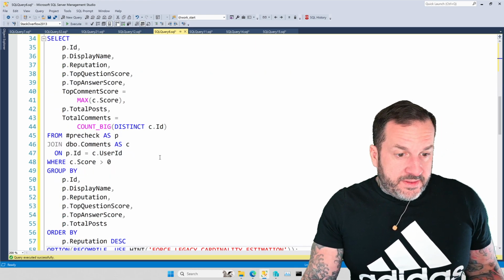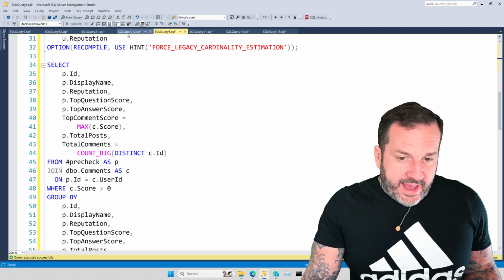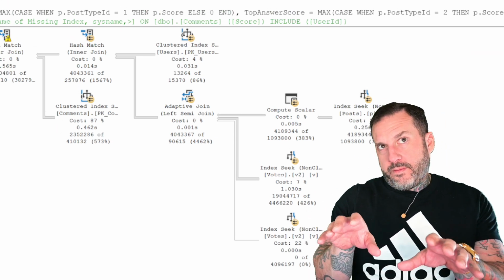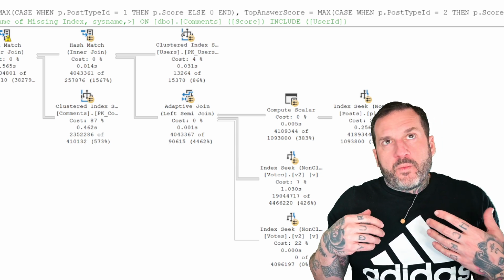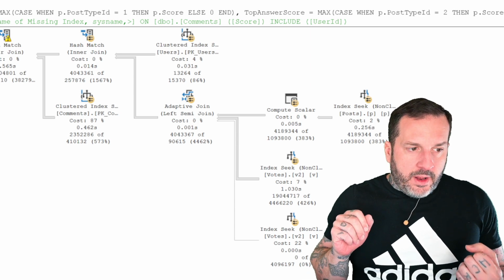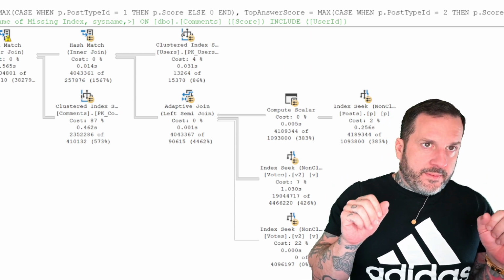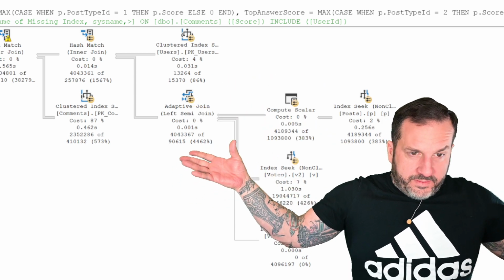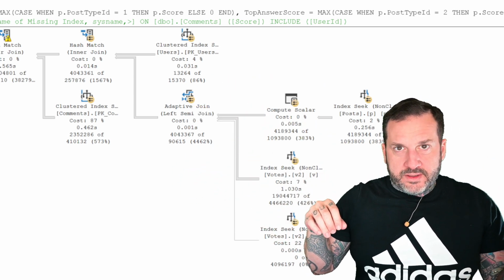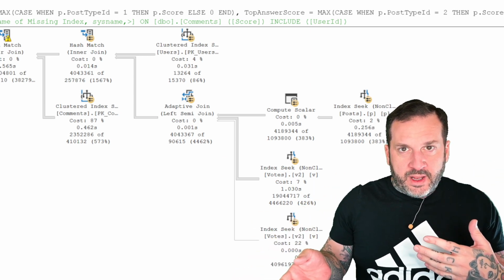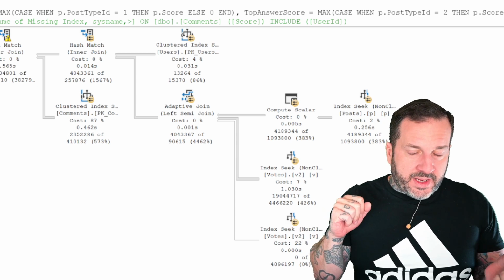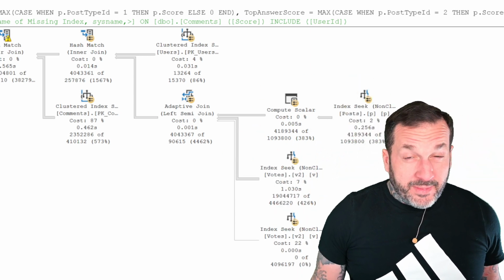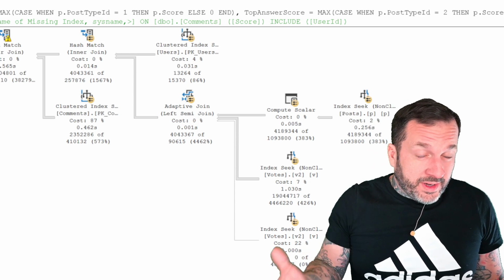Now, the reason why this rewrite made sense to me is because with any demo query that you write using the Stack Overflow database, as soon as you join from users to posts or to comments, there's this row amplification, because users is one-to-many with posts, users is one-to-many with comments, and when you join out, you get two one-to-many relationships, and they make everything go wild, and they make cardinality estimation probably really difficult, especially join cardinality estimation.